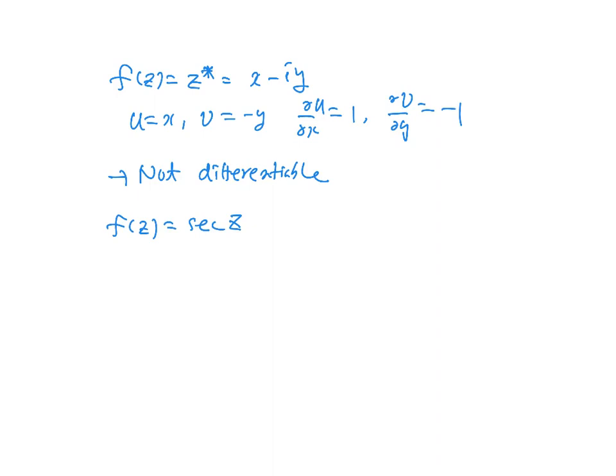Secant z. This is a little difficult part. 1 over cosine z. Cosine x cosine hyperbolic y minus i sine x sine hyperbolic y.